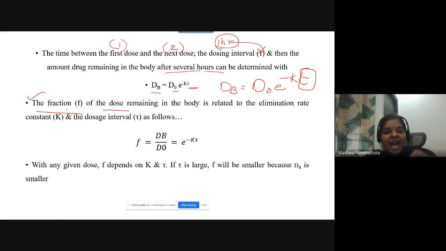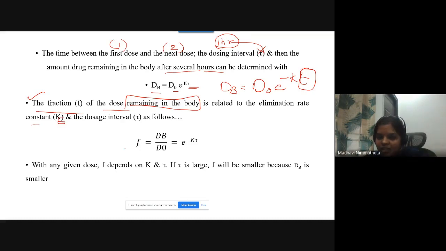Then we have to calculate the fraction of the dose remaining in the body, which will be related to the elimination rate constant, that is Ke, and the dosing interval. See here, we are taking the difference between how much of the drug will be remaining in the body and how much of the drug we took initially.